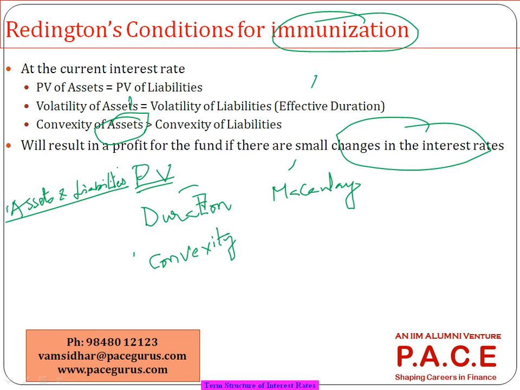And three, in terms of convexity, which will talk about the second derivative of change with respect to price. So if these three conditions are met, we can very comfortably say that our portfolio is immunized. We'll look at one or two numericals regarding this aspect also, right?